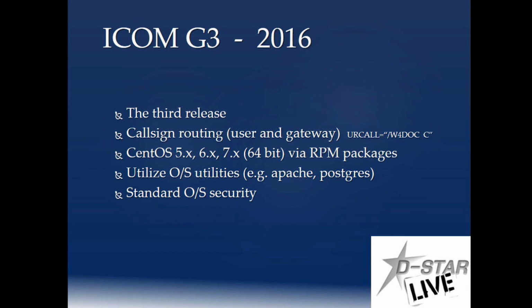They really made a major leap forward, but the biggest leap forward was to remove the packages that they hard-coded in, the Apache web server and the Postgres database. They now allow you to use the operating system versions. So whenever there's a security vulnerability that's found, you can do the operating system upgrade, and it still works.